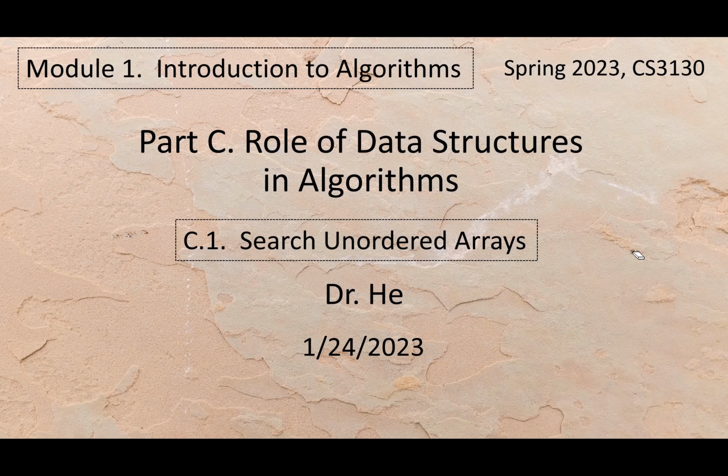Here, we want to look at this question: why are data structures important in algorithm design? Here, we use probably the simplest data structure, array. Later, we will learn some advanced data structures.